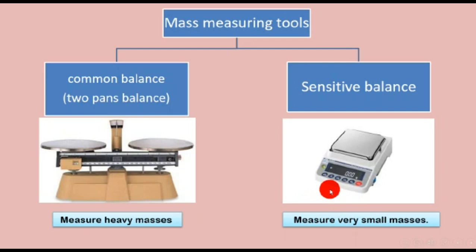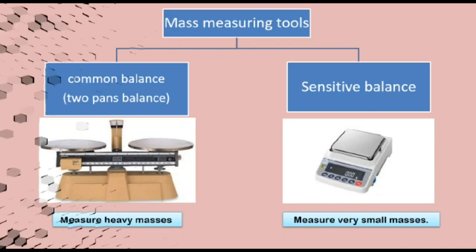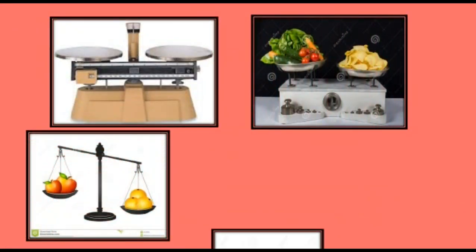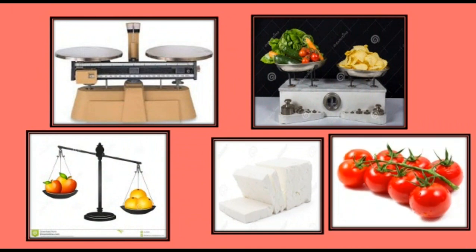Like what, heavy masses or very small masses? The heavy masses, just like fruits and vegetables, we use the common balance to measure these objects.